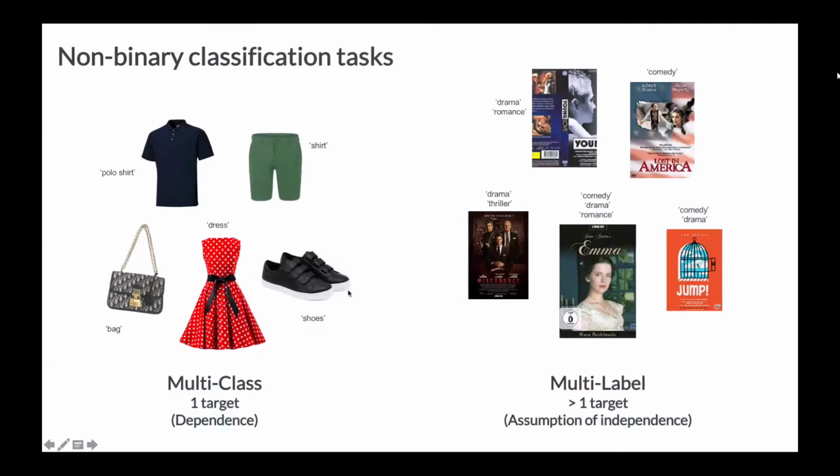But we can also design more complex supervised tasks. In multi-class classification, every observation is assigned to one and only one class, for example an e-commerce company that wants to categorize clothes based on their types. In this case, we expect the sum of probabilities assigned to each category to be equal to 1.